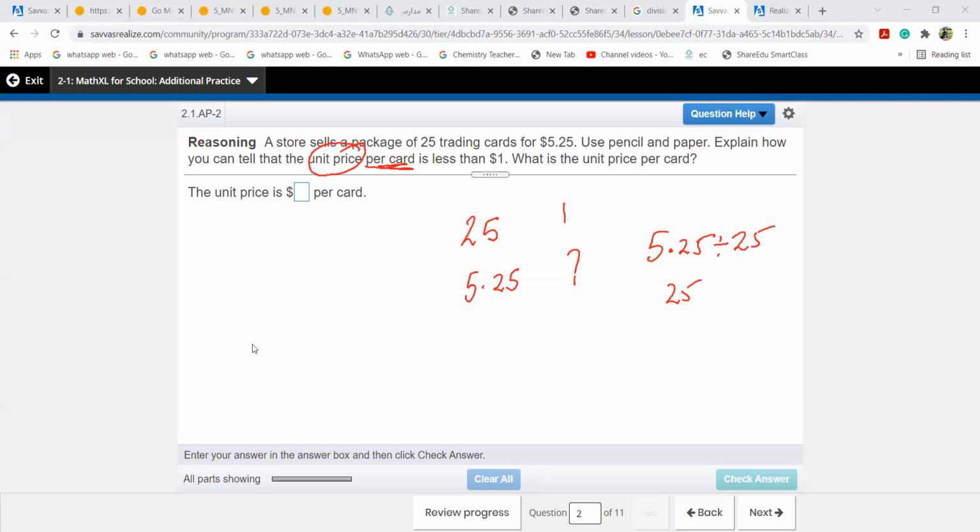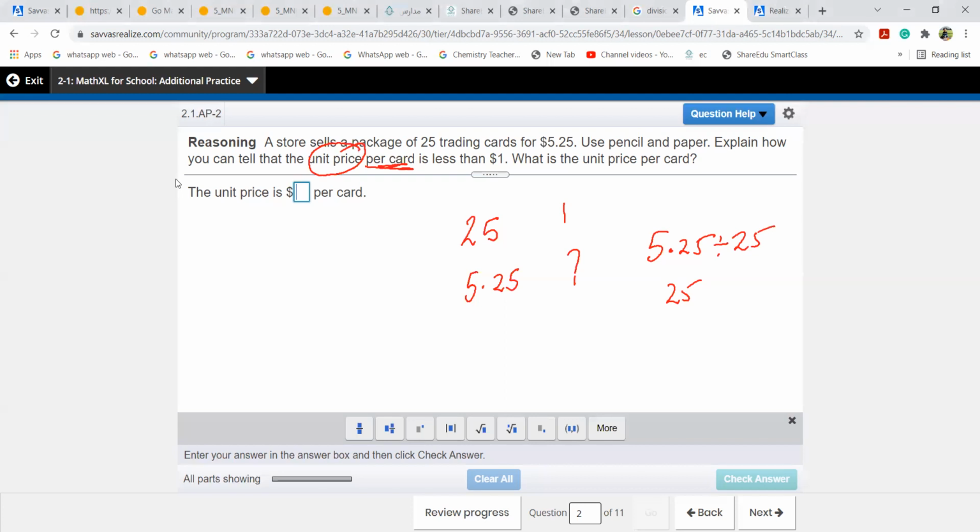So you will divide 5.25 divided by 25. Anyway, it's up to you according to the sentence. See, the store sells a package of 25 for $5.25. Explain how you can tell the unit price. What did they ask you?